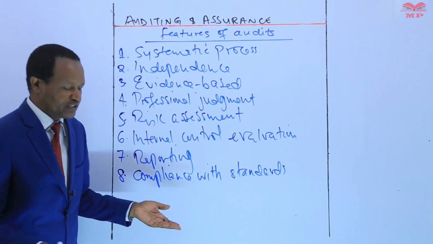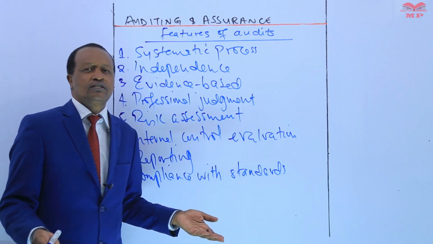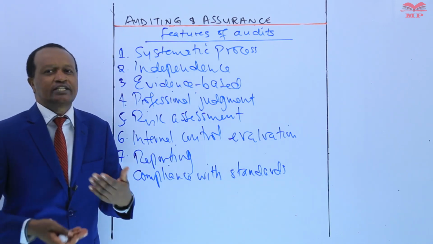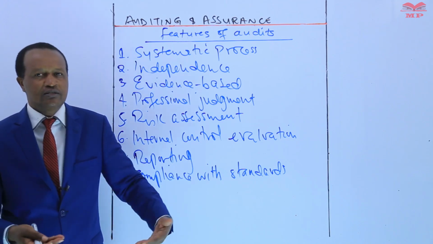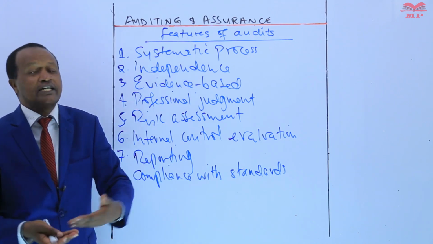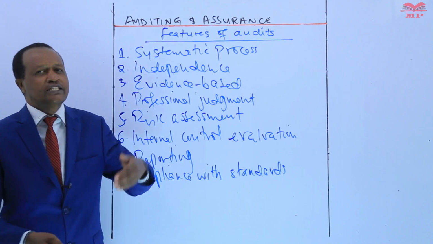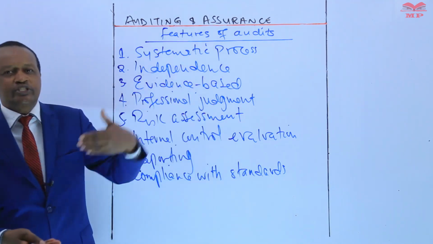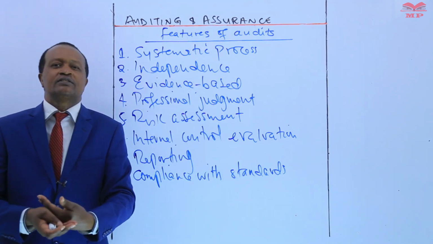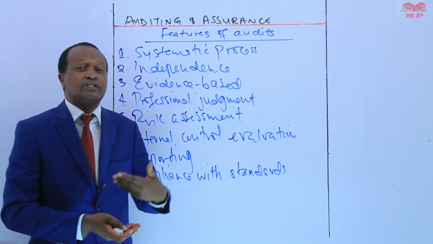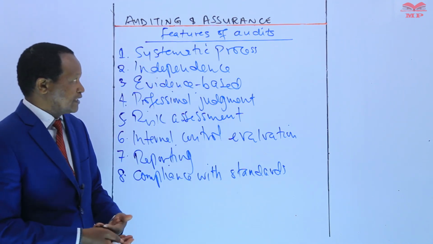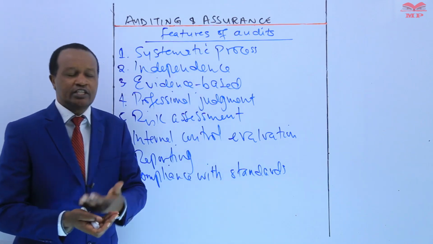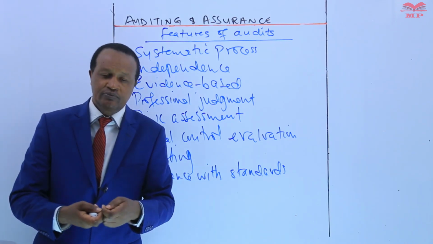There are more other features which can be cited, like continuous improvement. Auditors strive for continuous improvement in their work, both individually and as a profession. And that involves staying up to date with changes in accounting standards, regulations, technology, and so on. Another additional feature is in relation to value addition.